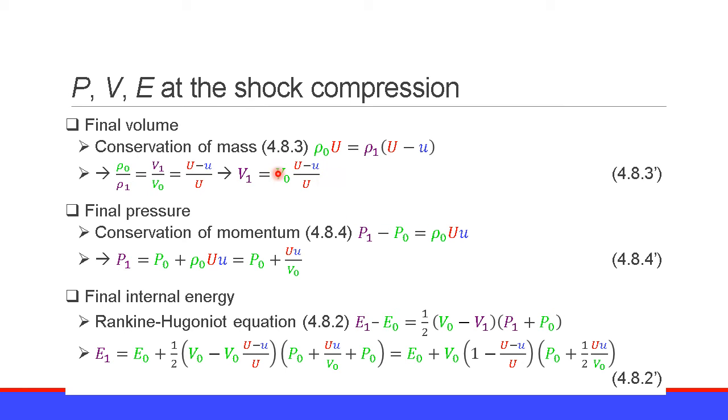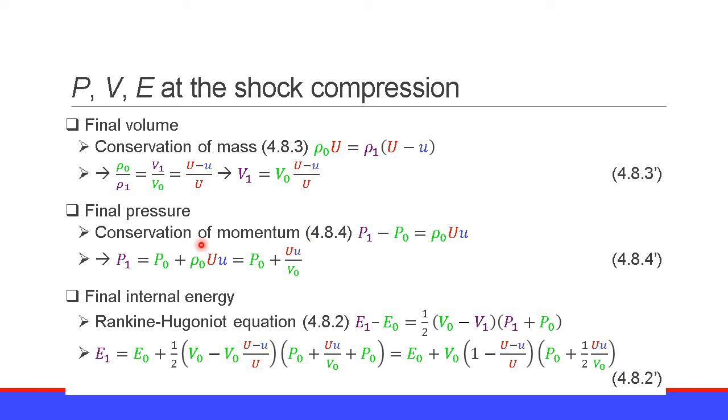From the equation of conservation of mass 4.8.3, we have V1 equal to V0 times large U, the shock velocity, minus small u, the particle velocity, divided by the shock velocity large U. So we can relatively easily obtain the volume of the sample after compression.